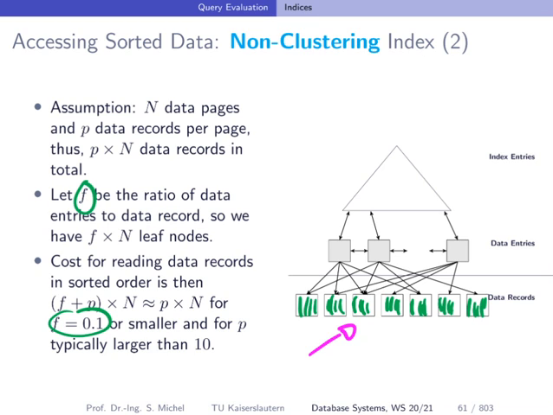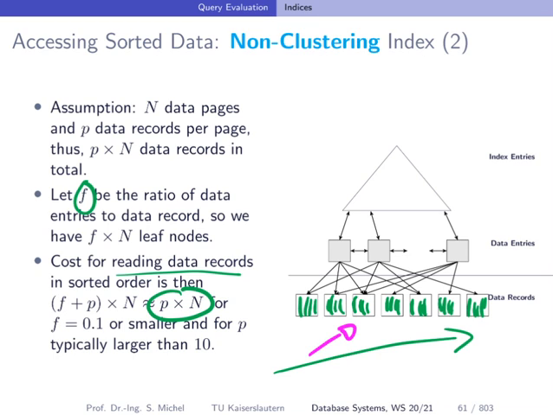And then we can describe the cost for reading data records here on the disk, in sorted order, is approximated by p times n. And this means nothing else than we have to read as many pages. If the cost is here given in number of pages we have to access, we have to read as many pages as we have records.